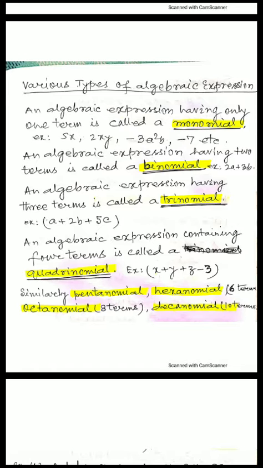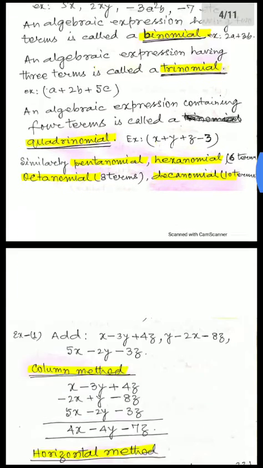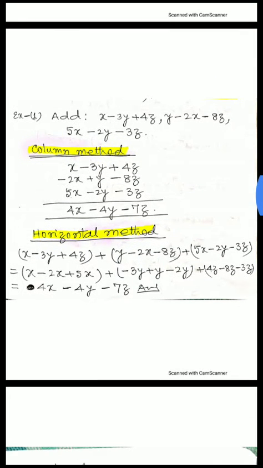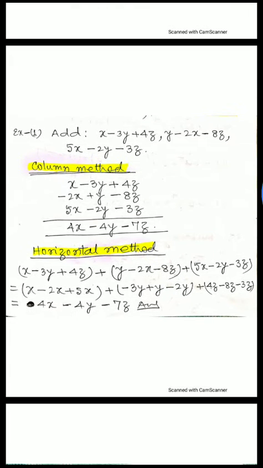Similarly, pentanomial, 5 terms; hexanomial, 6 terms; heptanomial, 7 terms; octanomial, 8 terms; nonanomial, 9 terms; decanomial, 10 terms. Use Greek prefix plus monomial.